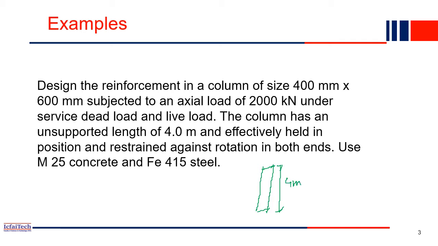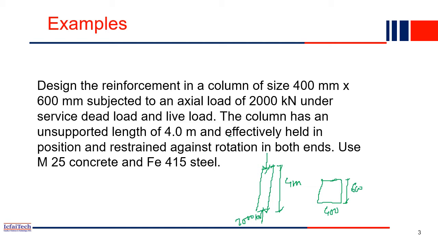The total load coming is also given, 2000 kilonewton. This is not a factored load, just the load acting. The cross sectional area is also given: B is 400, and D is 600. So all these values are given to us.